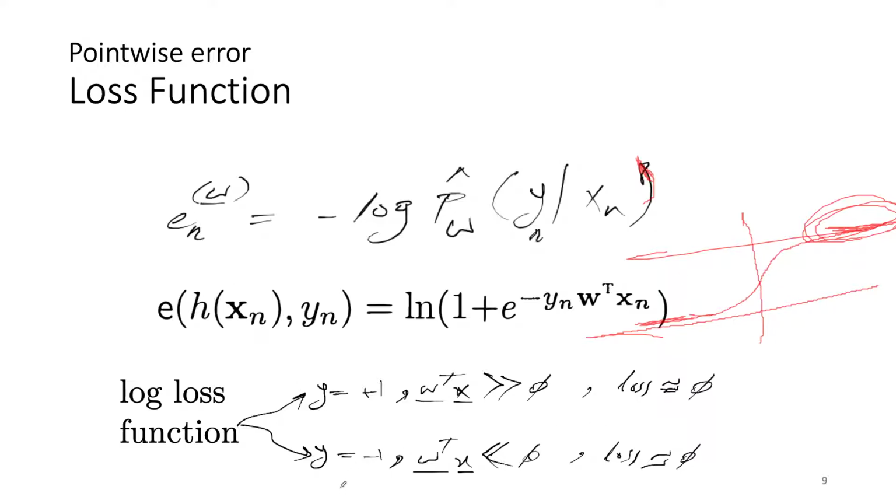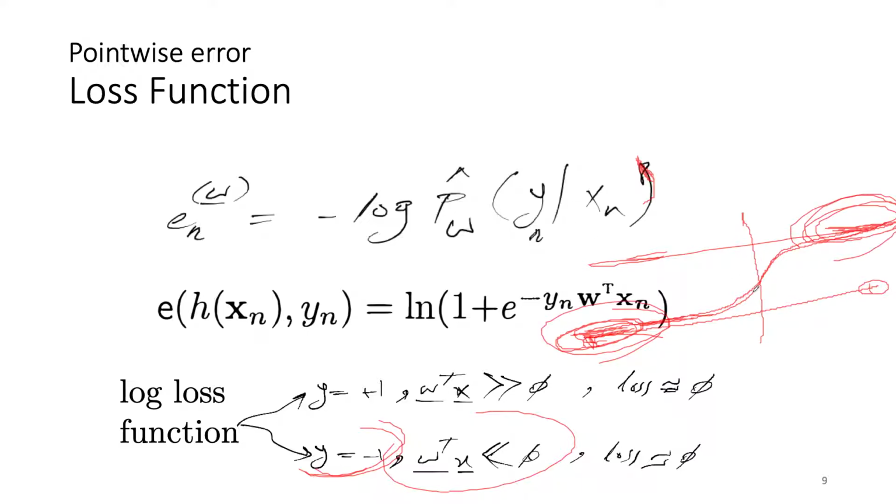On the other side, if you are dealing with the -1 label, and the output that you predicted was way down here, again your loss would be very minimal, because the S that outputs this makes it very close to 0. So the difference between your prediction and the output of the sigmoid would be pretty close. In these two cases, the loss would be minimal. Does that make sense?